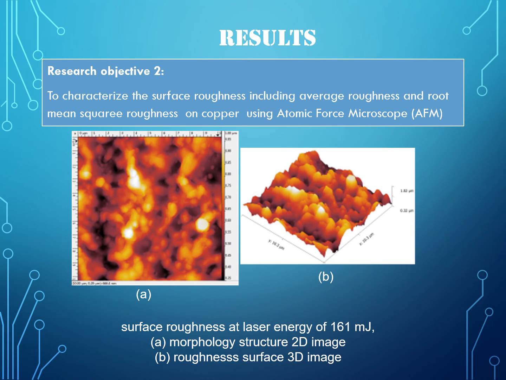Next, answering research objective 2, to characterize the surface roughness, including average roughness and root mean square roughness, on copper using AFM or atomic force microscope. Figure A shows the surface roughness at a laser energy of 161 millijoule, a morphology structure 2D image, and B shows the surface roughness in 3D image.